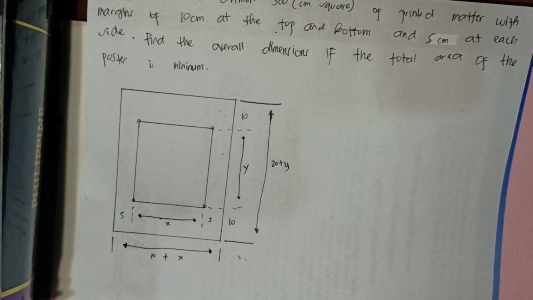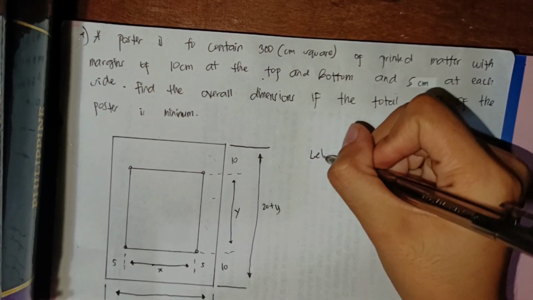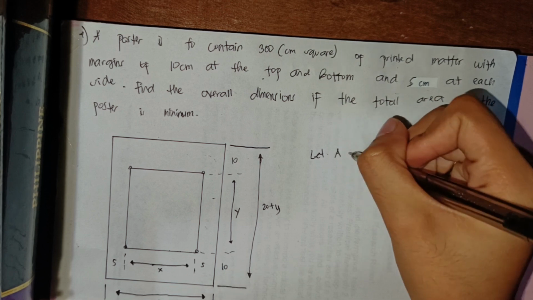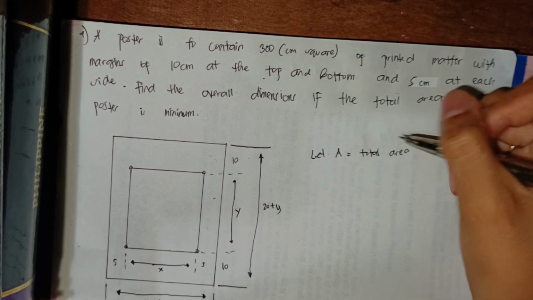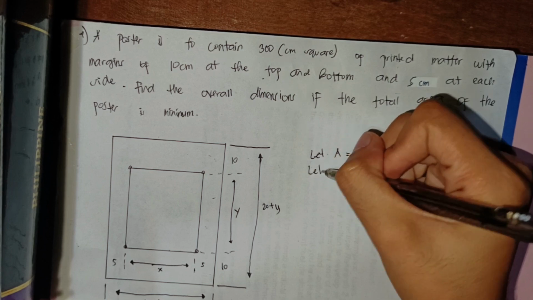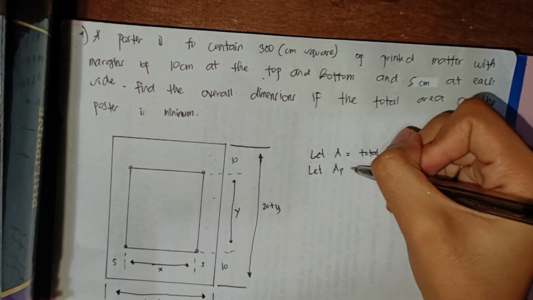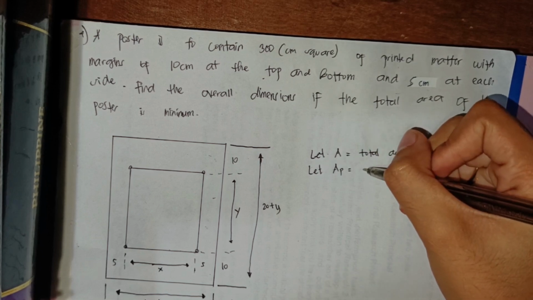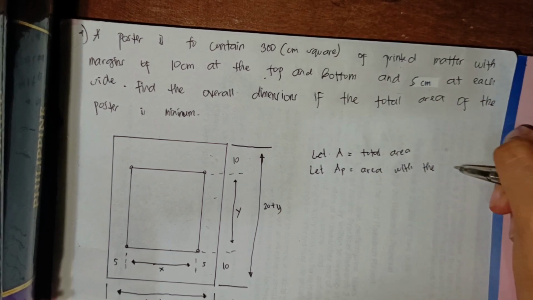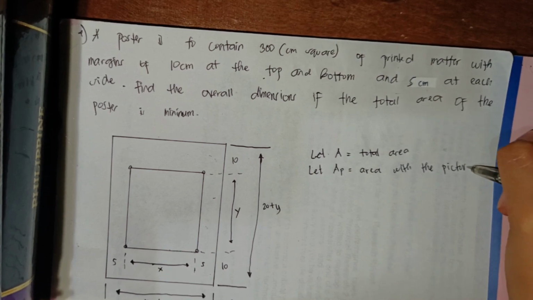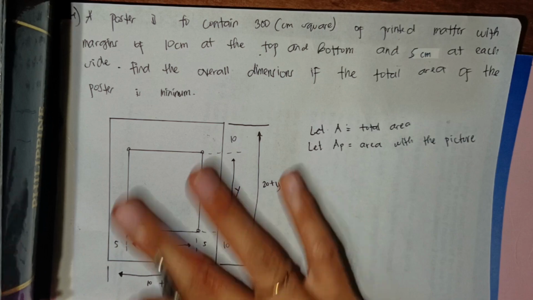So, let A be the total area, and let AP be the area with the picture. Let's first solve for the total area.